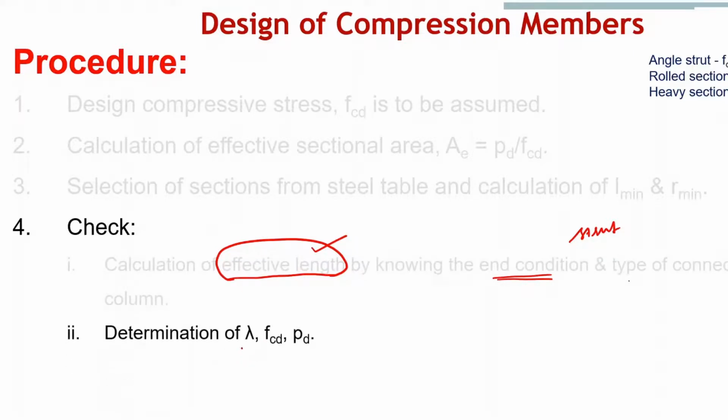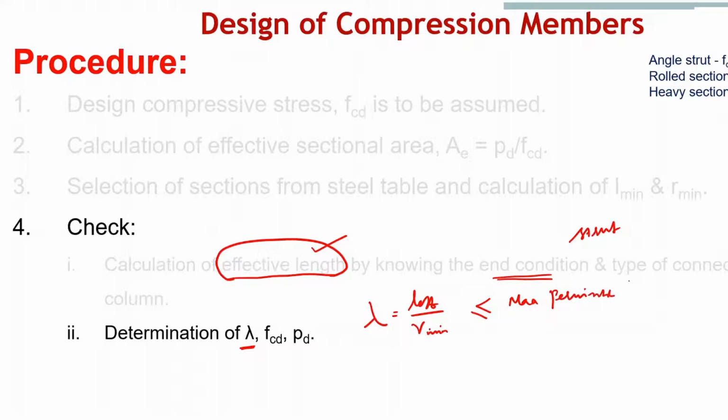you can determine the slenderness ratio lambda, which is effective length upon minimum radius of gyration. Whenever we calculate slenderness ratio for a compression member, you need to check whether the slenderness ratio of the selected member for the selected length and end condition of the column is less than or equal to the maximum permissible slenderness ratio.